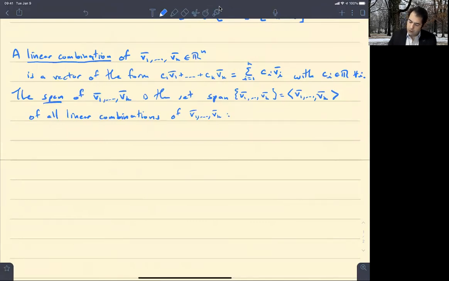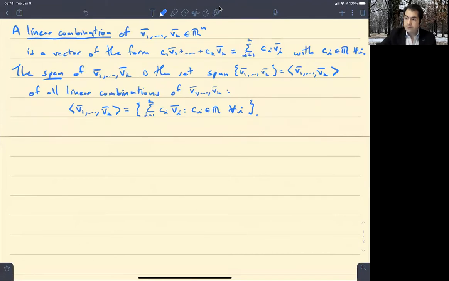Right, so formally we could say that this symbol, the square brackets v1 through vk, represents the set of all of the sums, i goes from 1 to k, of ci vi, where the ci's are arbitrary real numbers. Okay, so linear combinations and spans are something we're going to be working with all the time from now on.